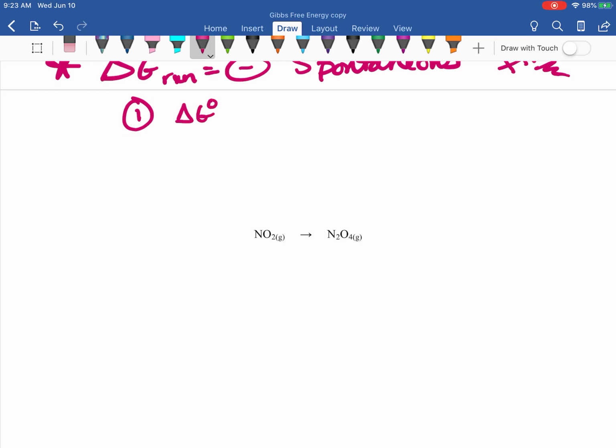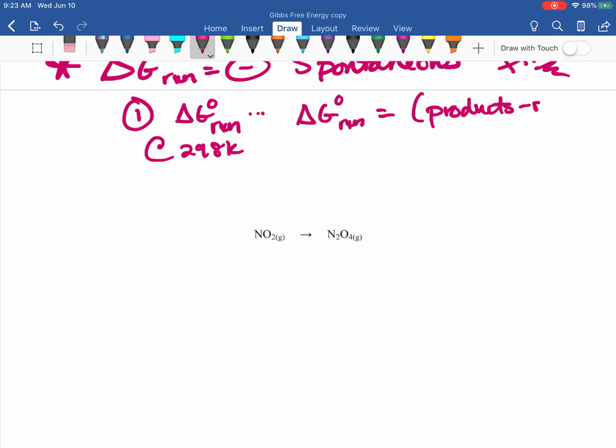All right, so let's do our delta G. If we are at 298K, then we can literally take that delta G from the table, products minus reactants. And then if our delta G is negative, we're in business.